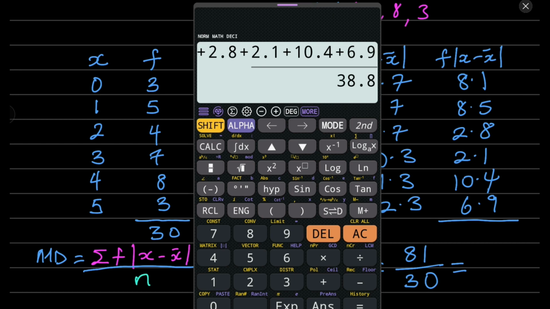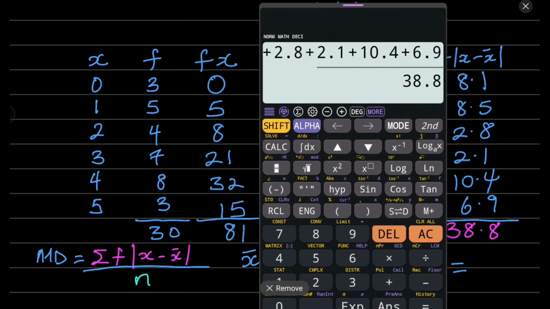So altogether we have 38.8. The next is to find n, and n means your total frequency, summation f, and this is your total frequency, 30 right here.